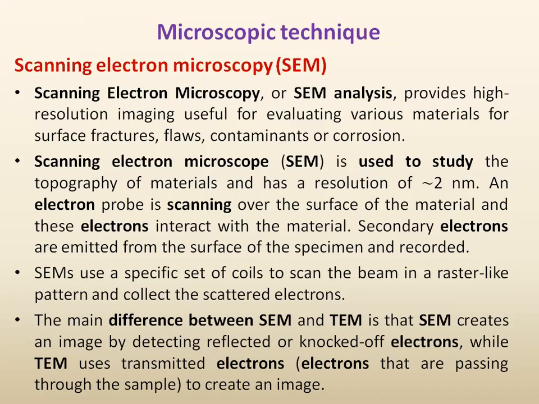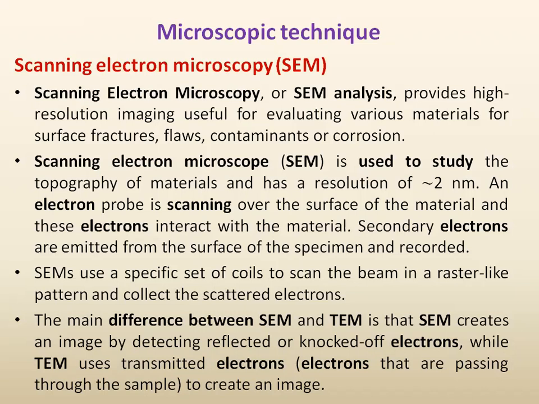It is called SEM, or scanning electron microscopy. When we talk about SEM, it provides high resolution imaging, which is useful for evaluation of materials, or we can say the texture of the drug, like surface structure, surface fracture, any flaws, any contaminants, or any corrosion that has occurred over the surface.